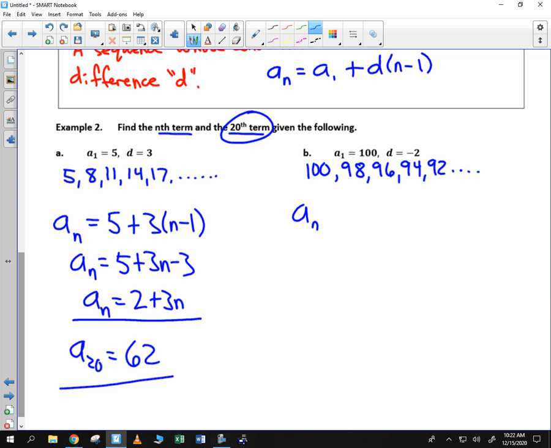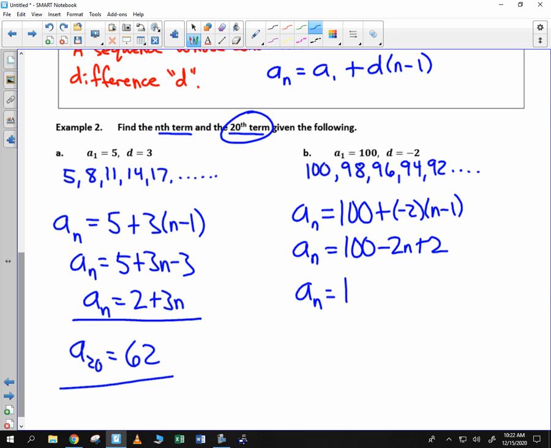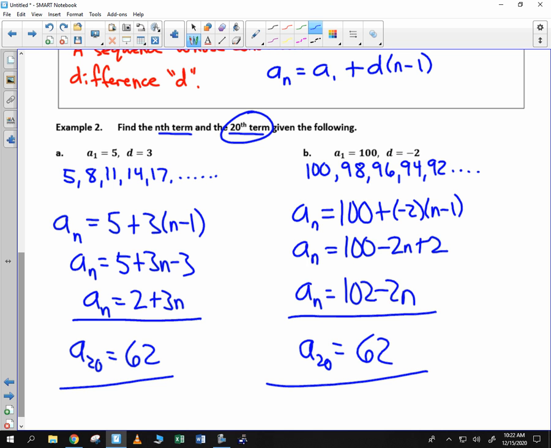Well, the a sub nth term is going to be equal to the first term plus the difference times n minus 1. 100 minus 2n plus 2, or a sub n is 102 minus 2n. Now that we have the a sub nth term, we can get the a sub 20th term by plugging in 20 for n. And just by chance, you happen to get 62 again.